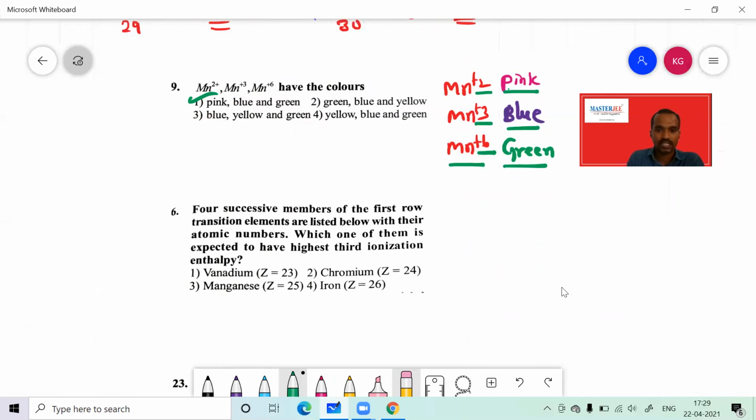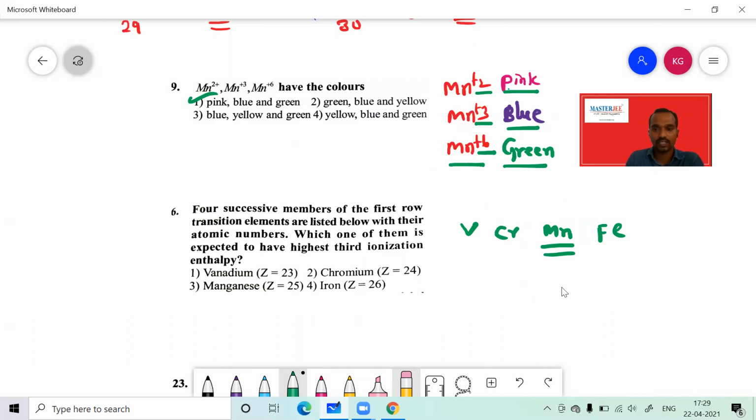Next, four successive members of the first row transition elements are listed with their atomic numbers. Which one of them is expected to have the highest third ionization enthalpy? Scandium, titanium, vanadium, then chromium, manganese, and iron are given. Manganese has the highest third ionization energy.